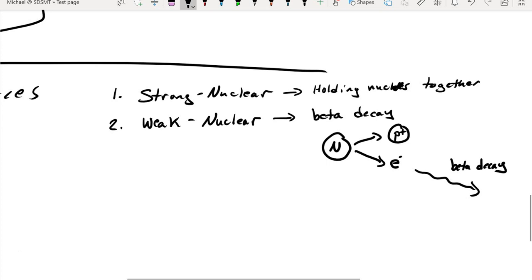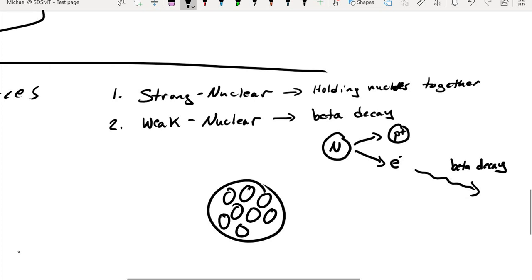If we have a neutron inside of a nucleus, so in here we may have a number of protons and neutrons, and if one of those neutrons all of a sudden loses one of its electrons, it will turn, I'll go ahead and color in the protons that we have here, it will then turn that neutron into a proton.